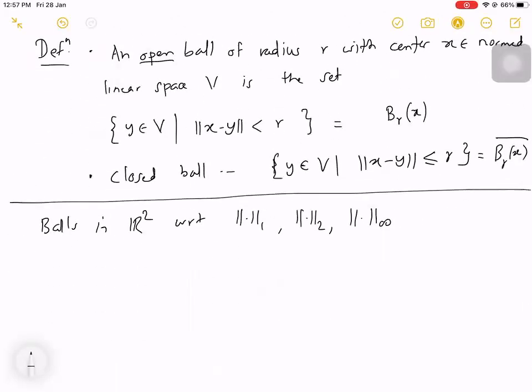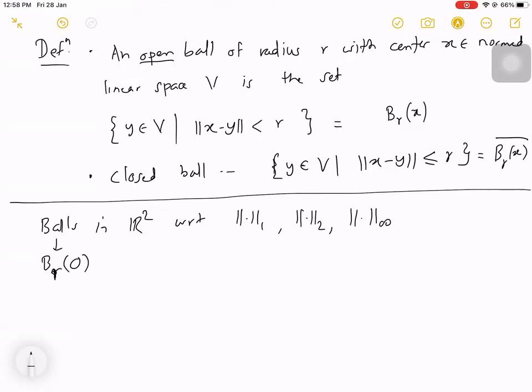So balls in R2. Let's draw the ball, just around the origin, B of radius r around 0. What happens?